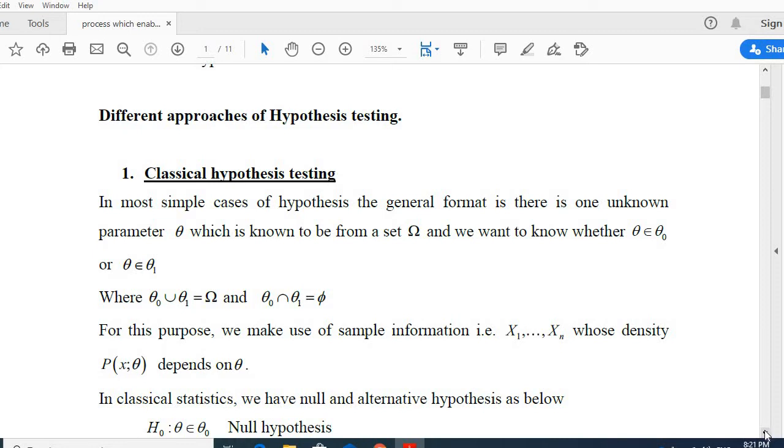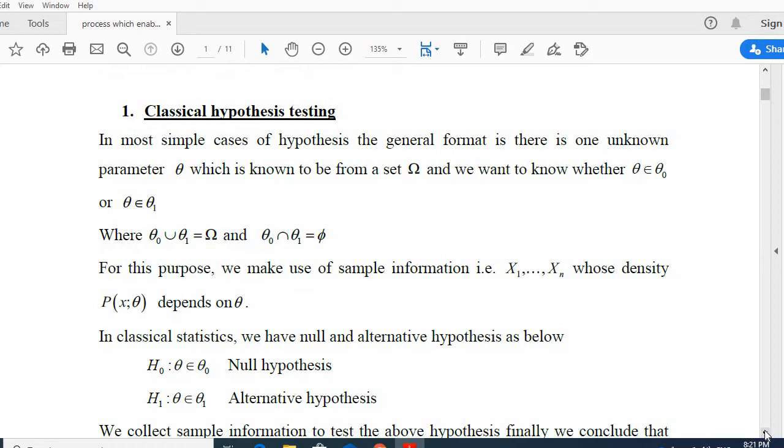We want to know whether theta belongs to theta naught or theta belongs to theta 1, where theta 1 union theta naught is equal to the total population, that is capital omega, and theta naught intersection theta 1 is equal to phi. It means there is no value or no portion common in the statements of null and alternative hypothesis. Therefore, theta naught intersection theta 1 is equal to phi.